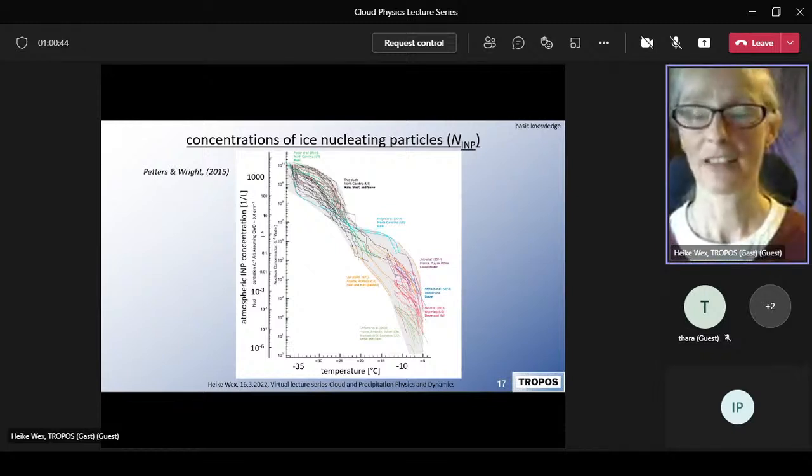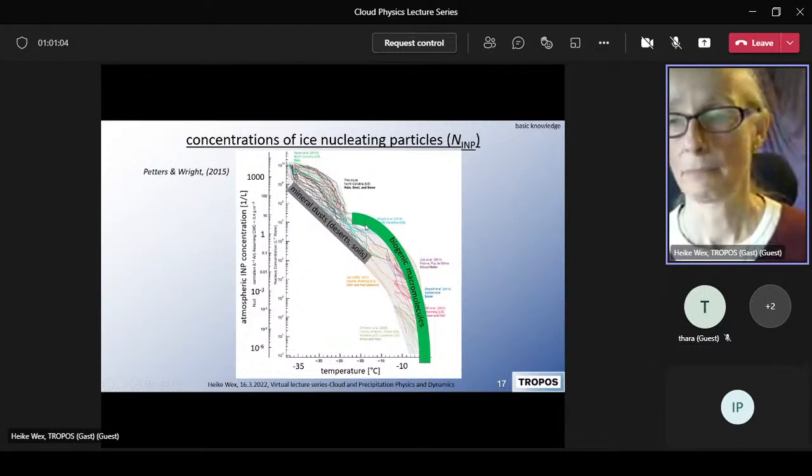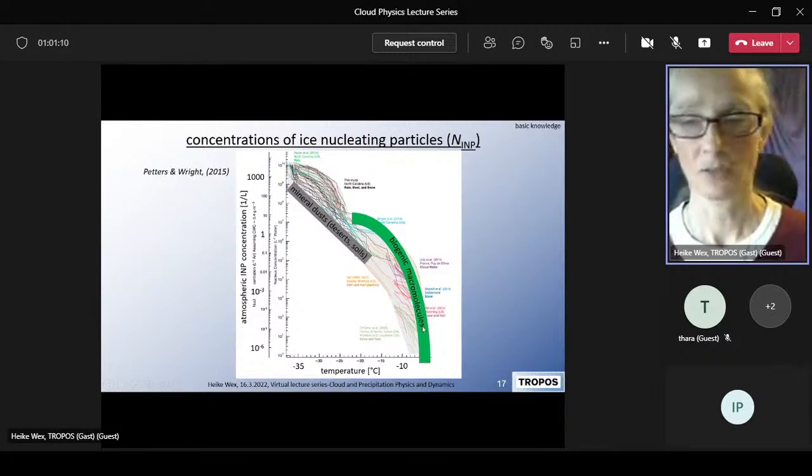The interesting thing here is, from all that I told you before and what people understood very clearly in the last decade, we can now say that at the lower temperatures and higher concentrations, it's the mineral dust particles that are ice active, that show up there because they are more numerous, and they come from deserts or from soils. But that bump that we see up here is caused by biogenic macromolecules. And so that is the general overview.